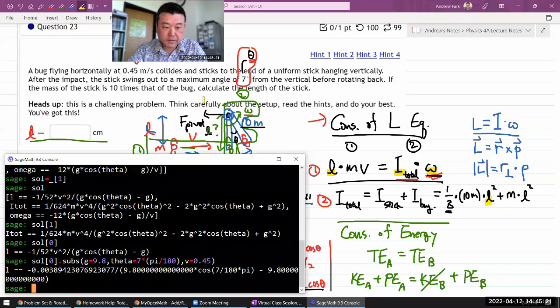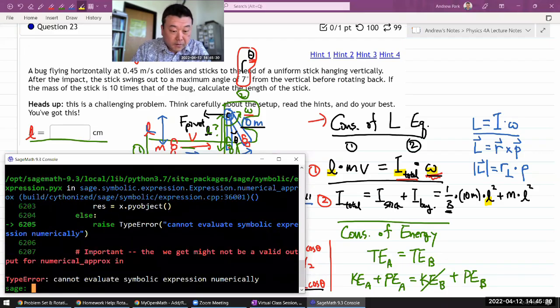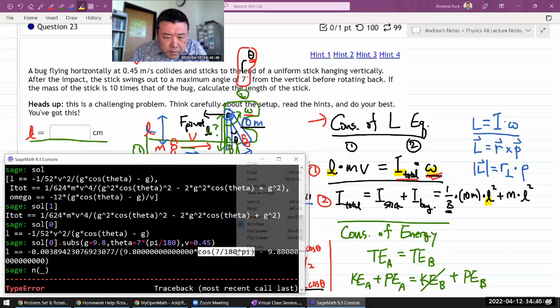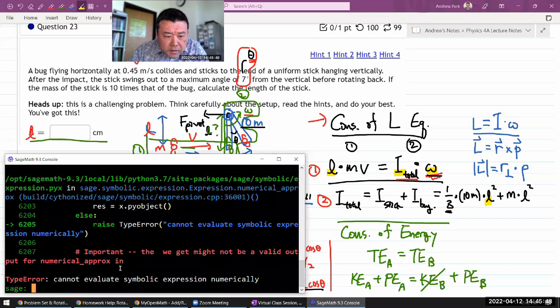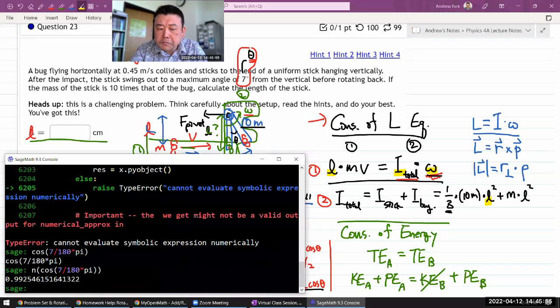Let me put that answer through a function that gets me a decimal approximation. It's trying to do this exact number thing, which I don't care for. Oh, wait, was there a symbol in there? Okay, that's a little bit weird. Not sure why it's claiming that's a symbol. Let me just do it this way.